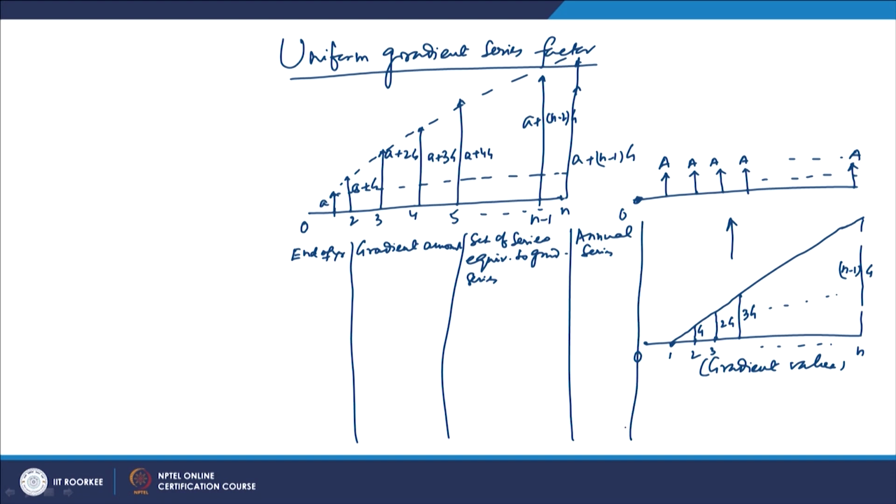Now, what we see is that the end of year is defined here. So, it will be 0, 1, 2, 3, 4, and then it will come as n. So, before that there may be n minus 1.